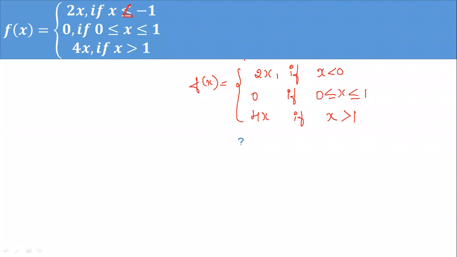There is a slight mistake in the question. If x is less than 0, the function is 2x. If x lies in the interval 0 to 1, then it is 0. And if x is greater than 1, then it is 4x. Whether I have to discuss this question or will you take it as homework?